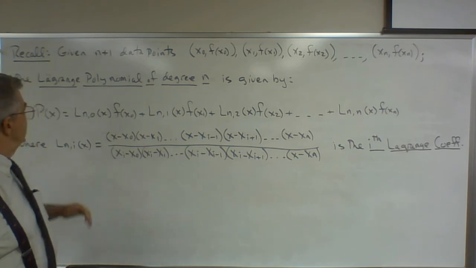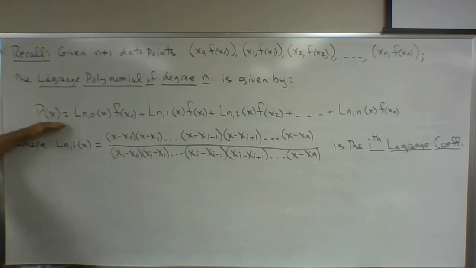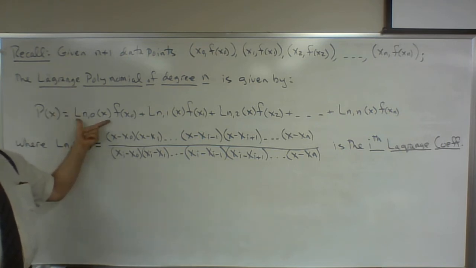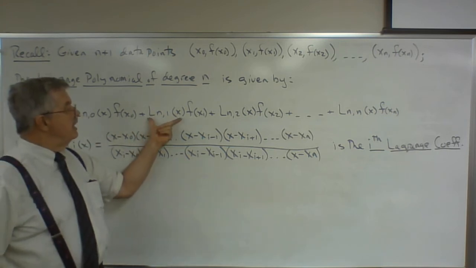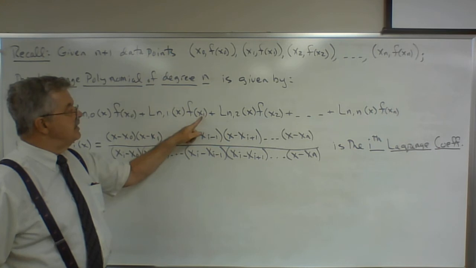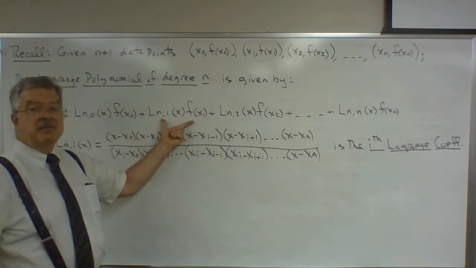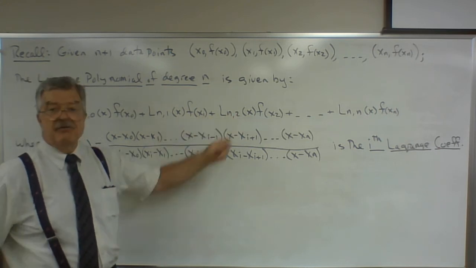So let's see what we have as far as our Lagrange polynomial of degree n is concerned. A polynomial of degree n times a constant is a polynomial of degree n, and so on and so forth.